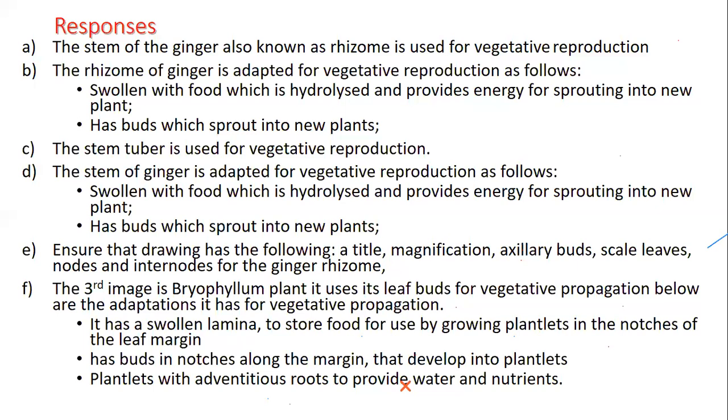What about the irregular ones like ginger? And is this magnification considered when marking, that I must calculate the magnification? What happens is that we have a range of answers.